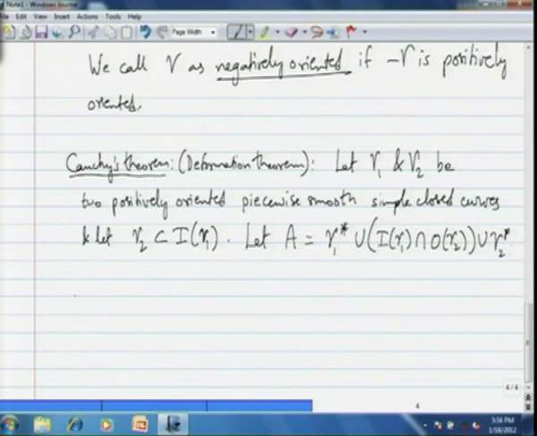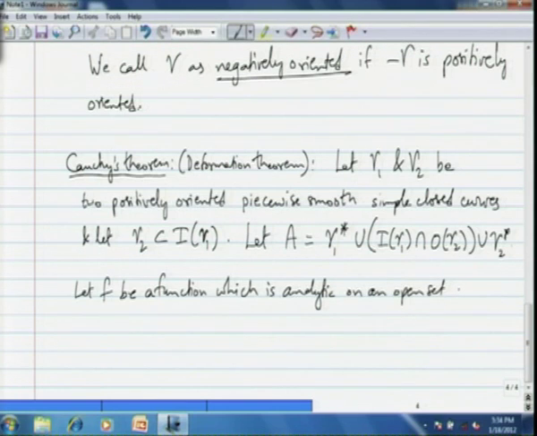Let f be a function, a complex function of course, which is analytic on an open set.